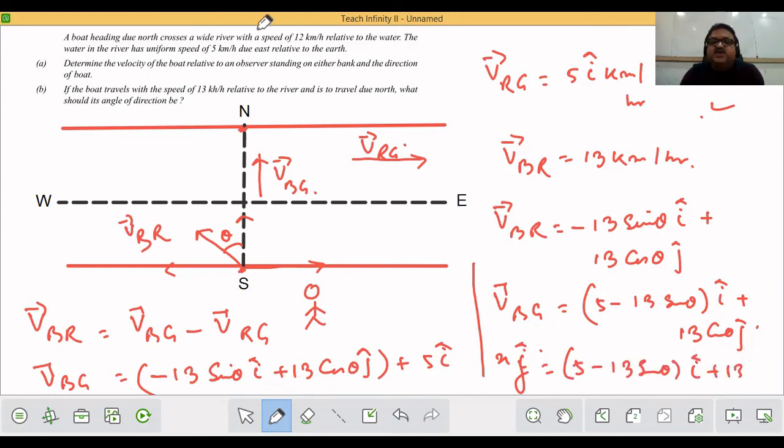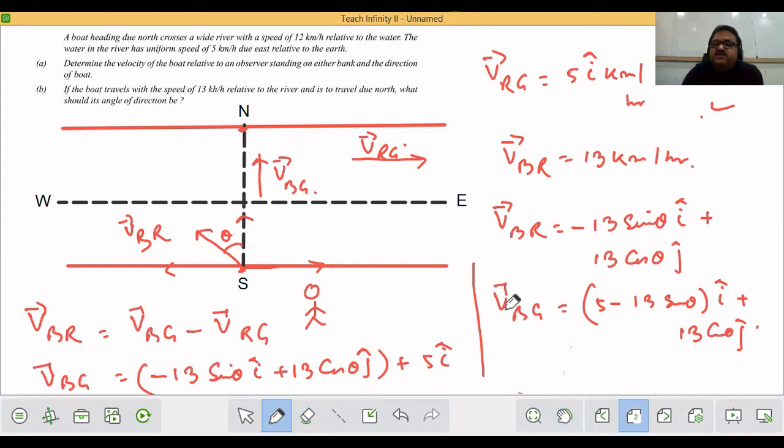So V_BG is equal to (5 minus 13 sine theta) i cap plus 13 cos theta j cap. We know the boat needs to move along this direction, so let us consider the magnitude of this to be x.